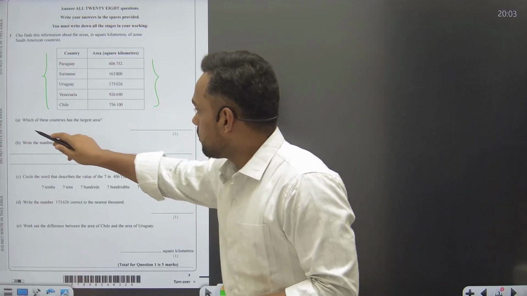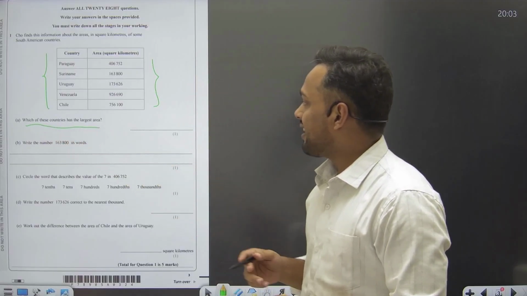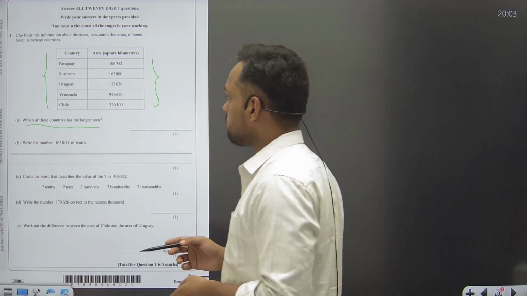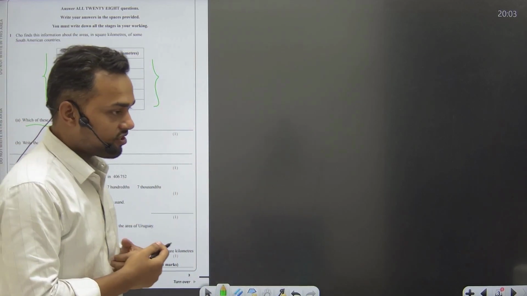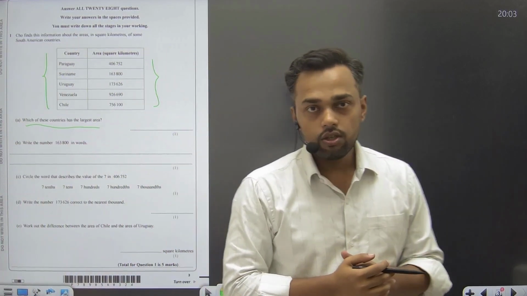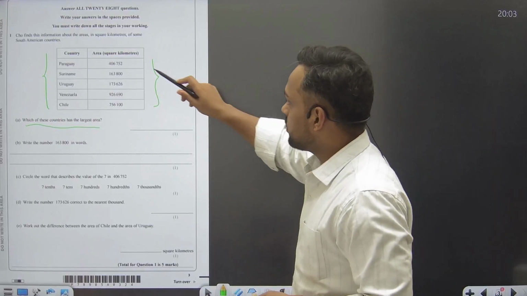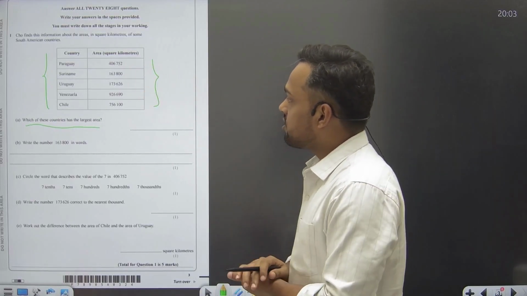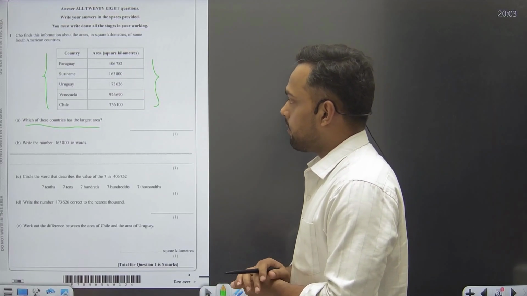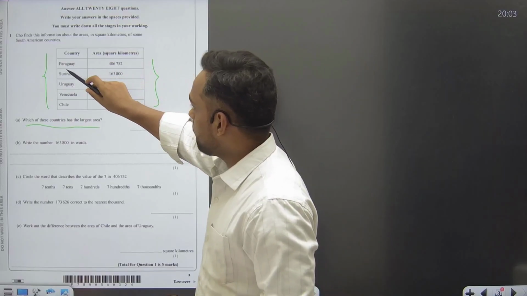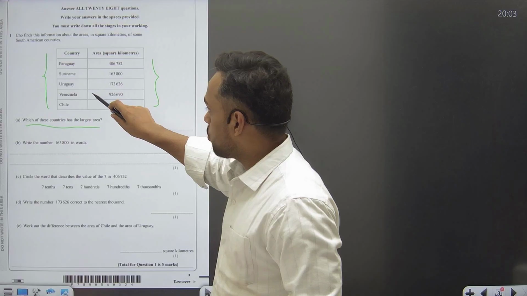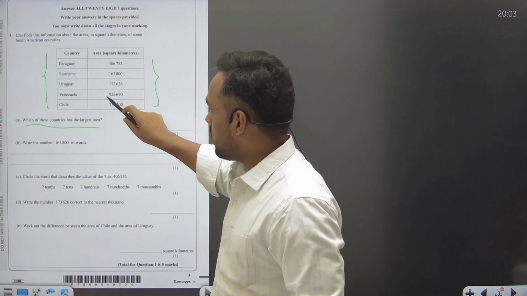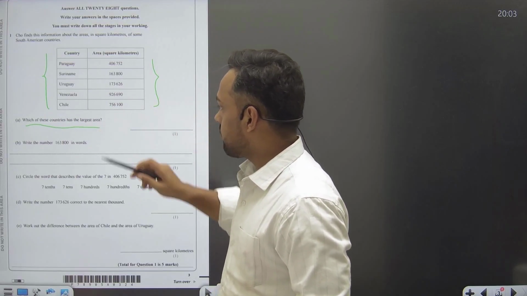Now the question is which of these countries has the largest area. If all the data has 6 digits, we first see the first digit of each number. For Paraguay it's 4, for Suriname it's 1, for Uruguay it's 1, for Venezuela it's 9, for Chile it's 7.